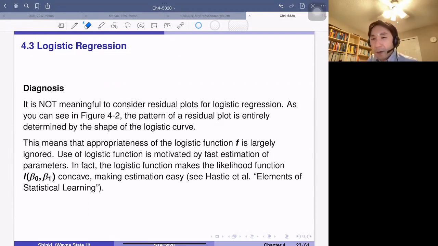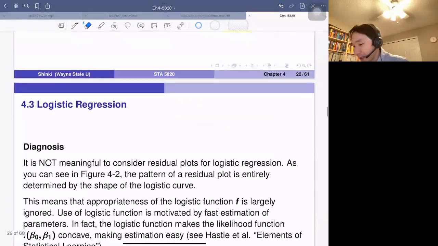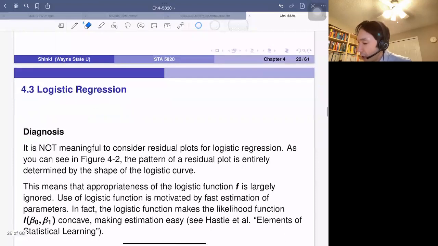In 6840, the applied regression analysis, we covered some kind of residual plots for logistic regression, but that is a very detailed discussion of logistic regression. Usually we don't consider the residual plots for logistic regression.